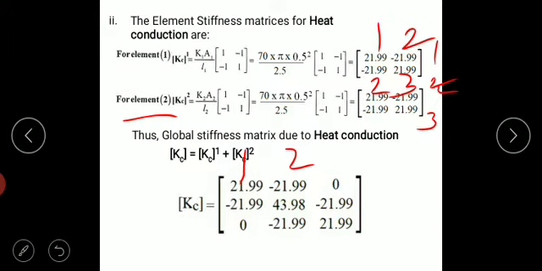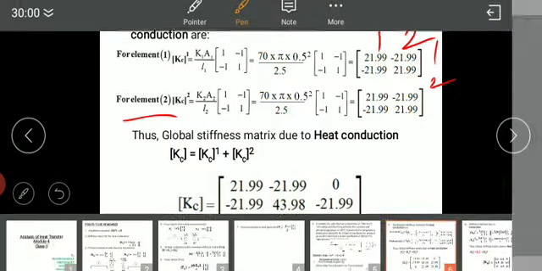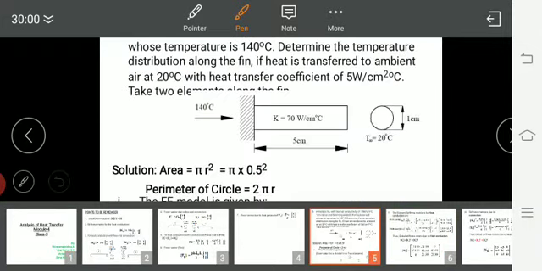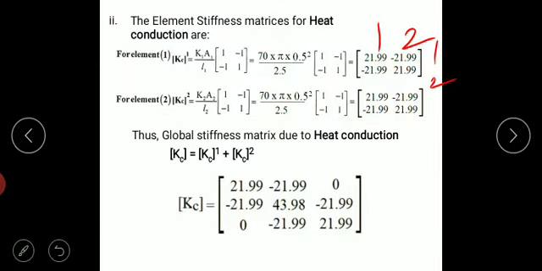So you should be very careful in matrix addition here. Only at this portion, 43.98, here 21.99 and 21.99 both are added and the remaining becomes 0. Okay, this is the global stiffness matrix for the conduction.